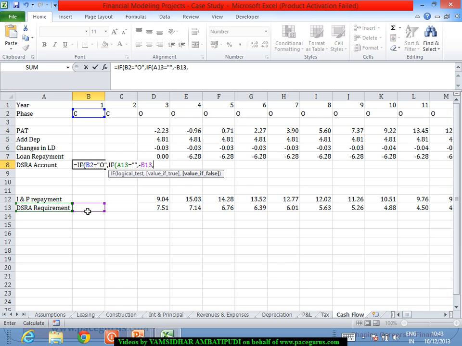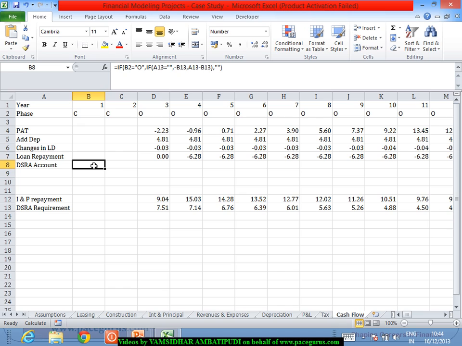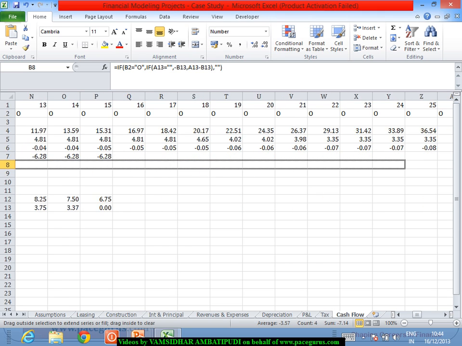But if the previous is not blank, then you take the subtraction between the two. If I am putting this particular part, I can take up the subtraction between the two, otherwise I will put up a space. Now in this case, the first year is getting updated with minus 7.5. After that it is coming out as positive, fair enough.